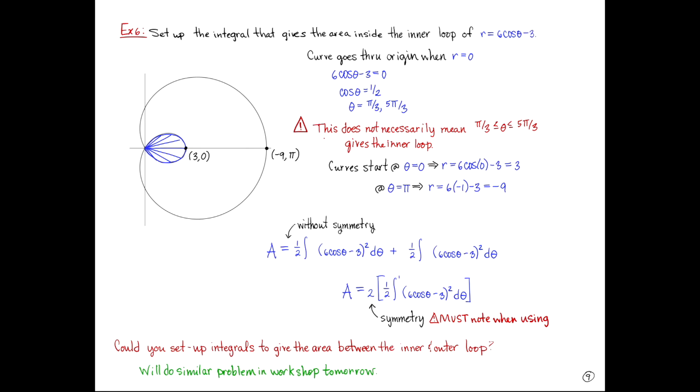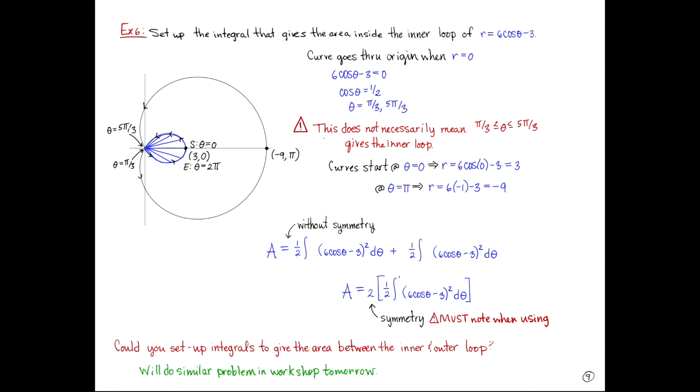Knowing that our curves start at theta equal to 0 and move in the counterclockwise direction, our curve will move through the origin at theta equal to pi over 3, then along the outer portion of the curve until finally coming back to the origin once again at theta equal to 5 pi over 3, where it passes through the origin until our curve finally ends at theta equal to 2 pi.